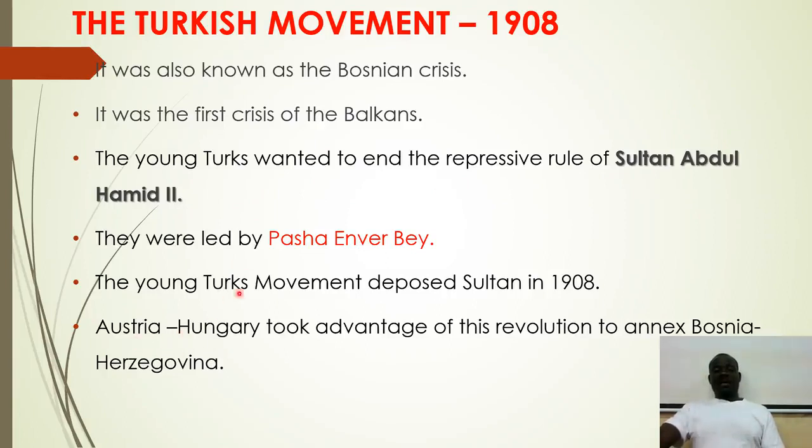Therefore, quickly, when there was that Bosnian crisis in Turkey, Austria-Hungary took that advantage and got Bosnia-Herzegovina by force. Remember, this same Bosnia-Herzegovina was one of the countries that Serbia wanted so much to be part of the Pan-Slavism. So in 1908, Austria-Hungary took Bosnia-Herzegovina by force.